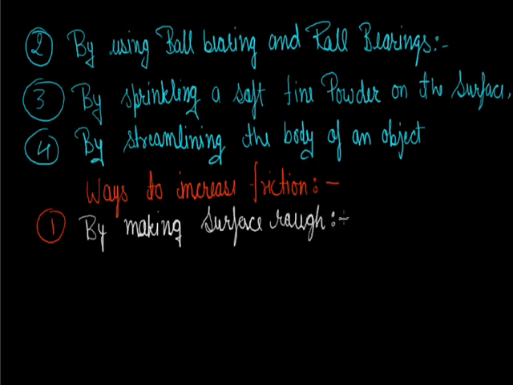As we know, force of friction is directly proportional to the roughness of the surface. So we can say friction can be increased by increasing the roughness of the surfaces in contact. For example, the head of a matchstick and the sides of a matchbox are made rough to increase the friction to produce more heat, because of which the matchstick lights up easily.